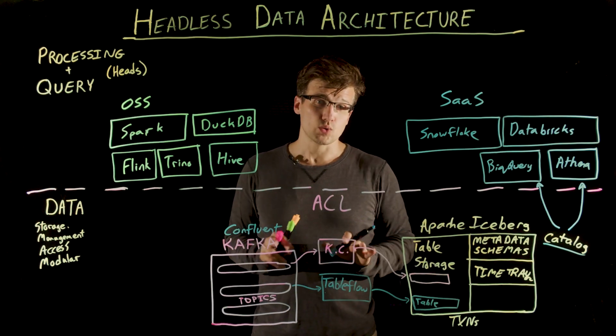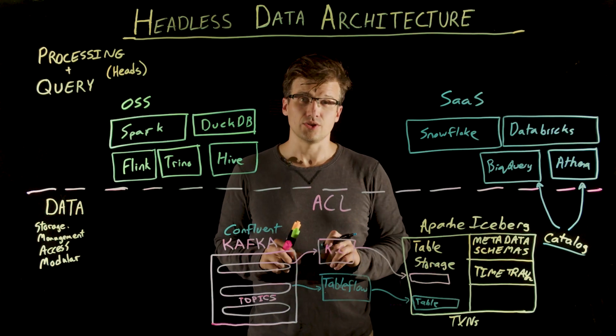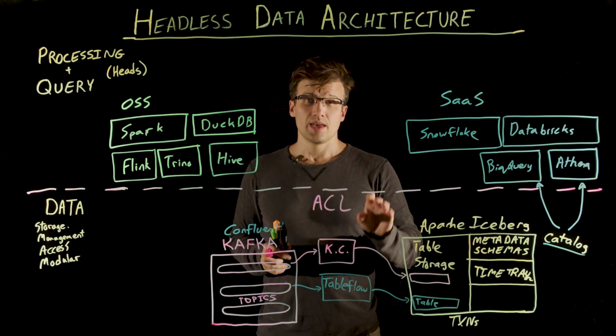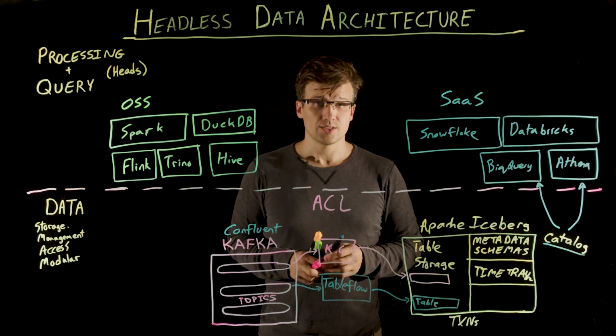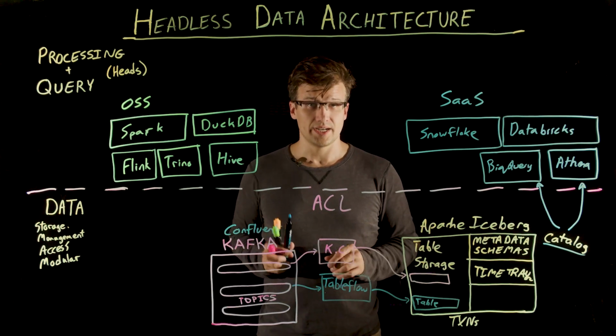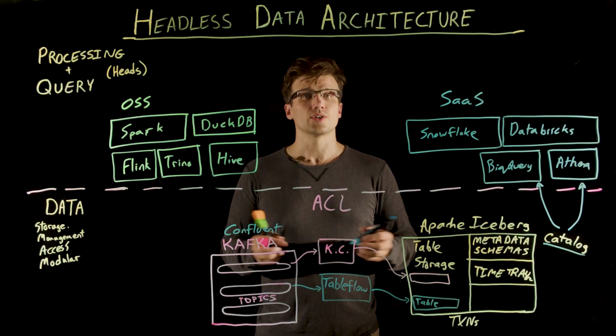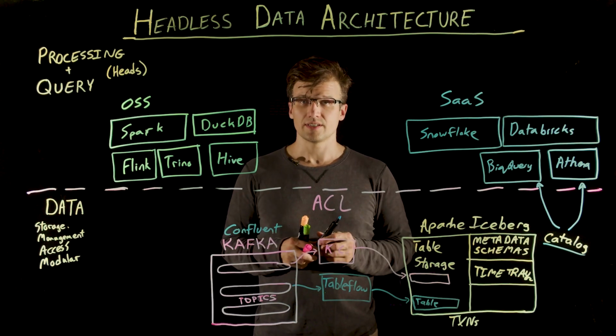And there's no more rote break-fix work. All of this is fully automated. For clarity, in the short term, the Iceberg table that Tableflow creates remains a copy of the original data, but we're looking at ways to unify the table and stream storage to further simplify our headless data architecture.